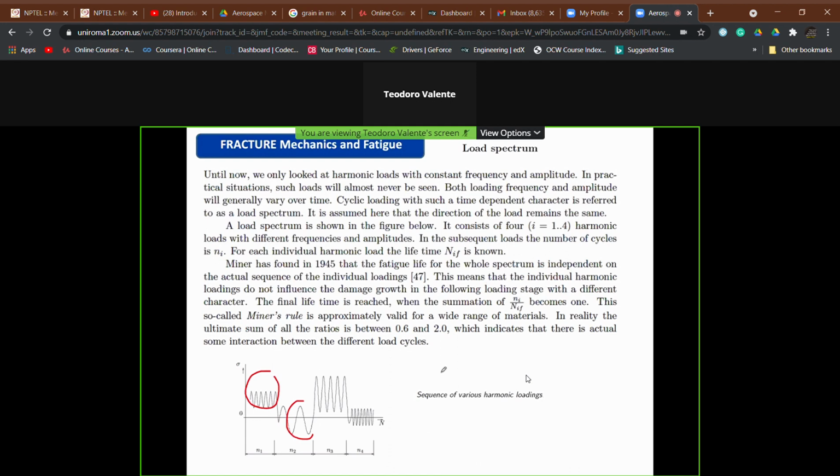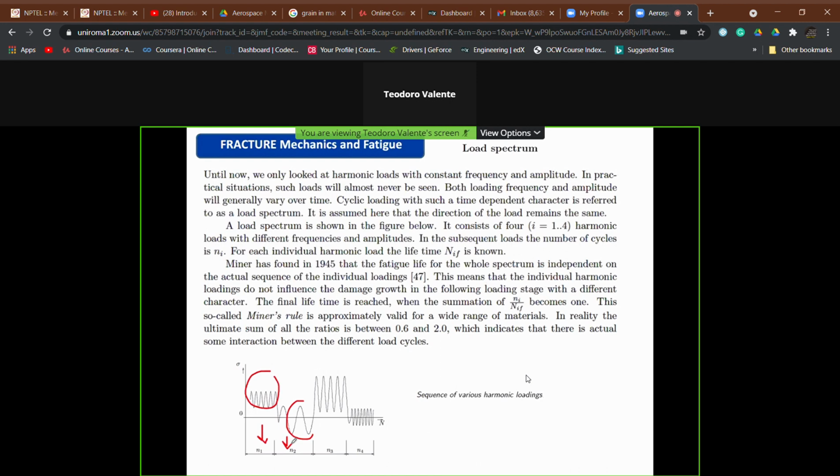We usually denote these harmonic loads with n_i, that means small letter n, the number of cycles, with n_1 related to the 1 condition, and n_2 the number of cycles related to the 2 condition, and so on, depending on the sequence of the various harmonic loads we need to model.